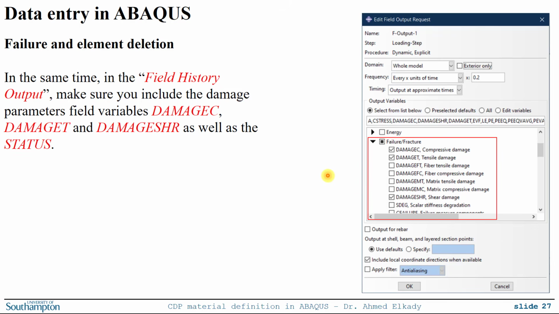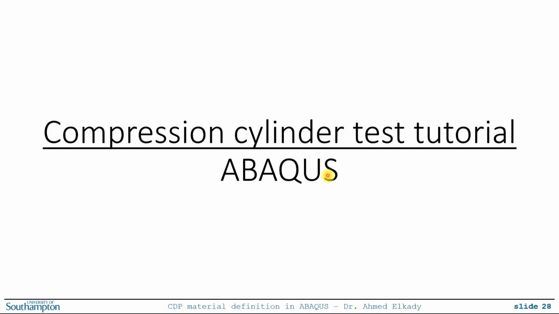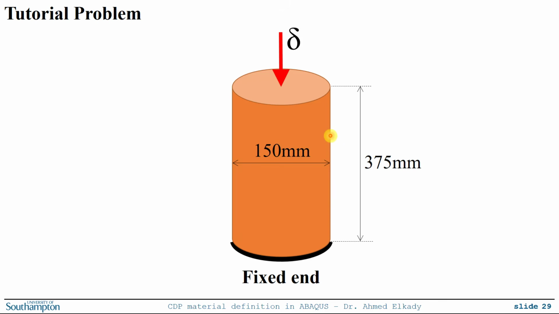This concludes this quick video tutorial on how the concrete damage plasticity material model is defined in ABAQUS. In the next video, we are going to see how we can apply this and do an actual compression cylinder test, which is pretty much the most basic problem that you can do to play with these parameters and investigate how they will affect the behavior of concrete.